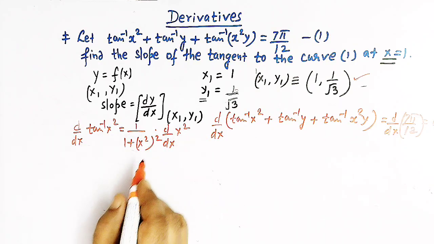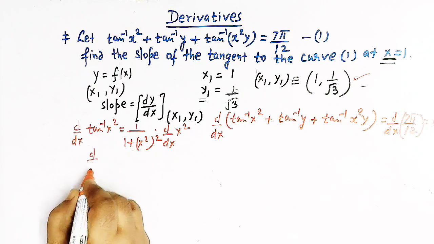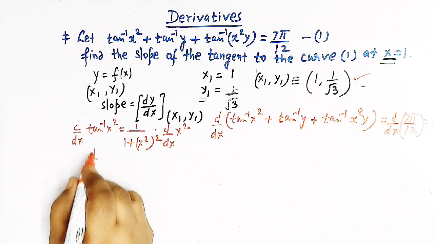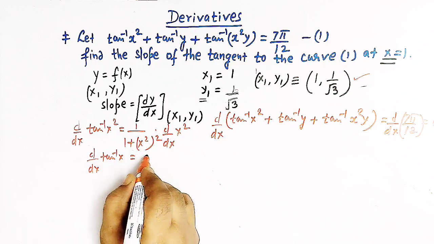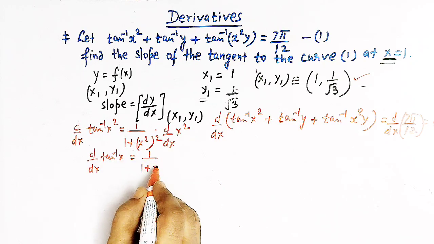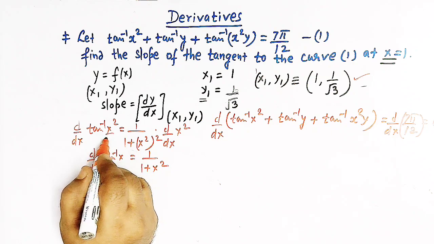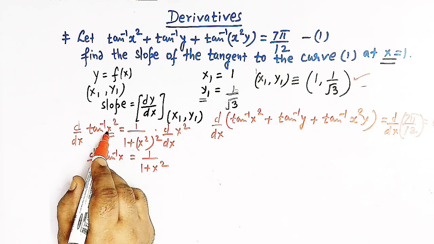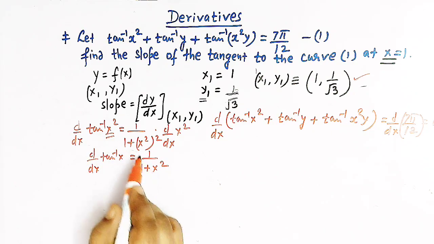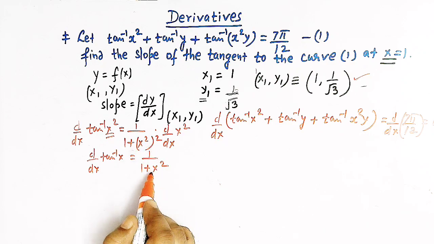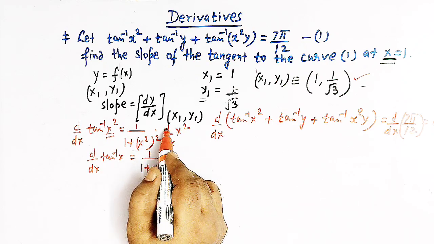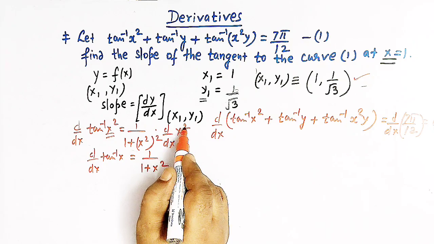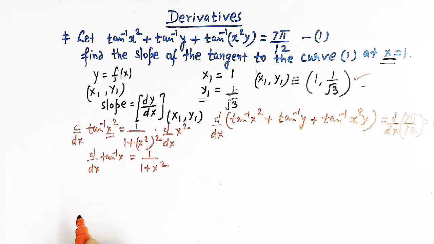Here we have used the result that the derivative of tan inverse x is 1 over 1 plus x squared. Here we have x squared, so we have replaced x by x squared, giving x squared whole squared, and then by chain rule the derivative of x squared with respect to x.